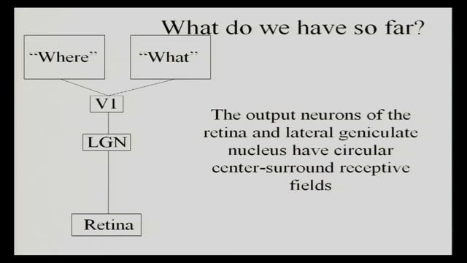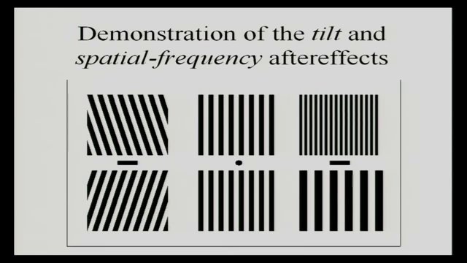This is what we have so far: the retina projecting to the LGN to the primary visual cortex, and they have circular receptive fields. And then the primary visual cortex mainly is sending its projections out into the prestriate cortex, which is the dorsal and the ventral streams, and we'll see that in a few minutes.